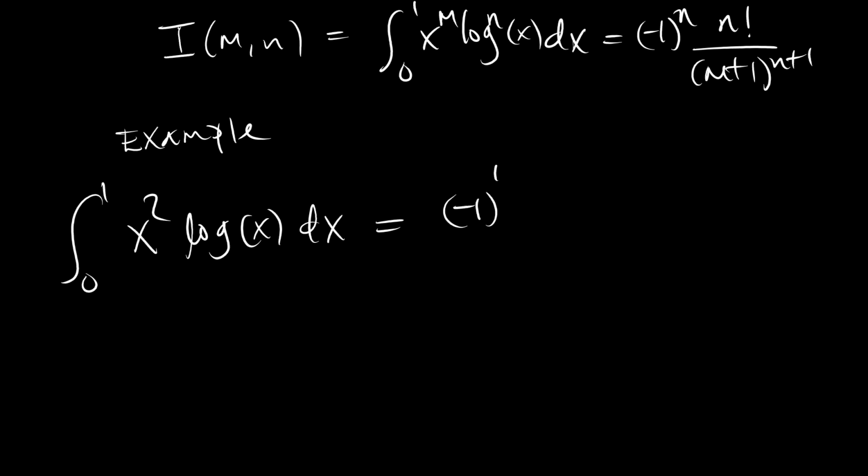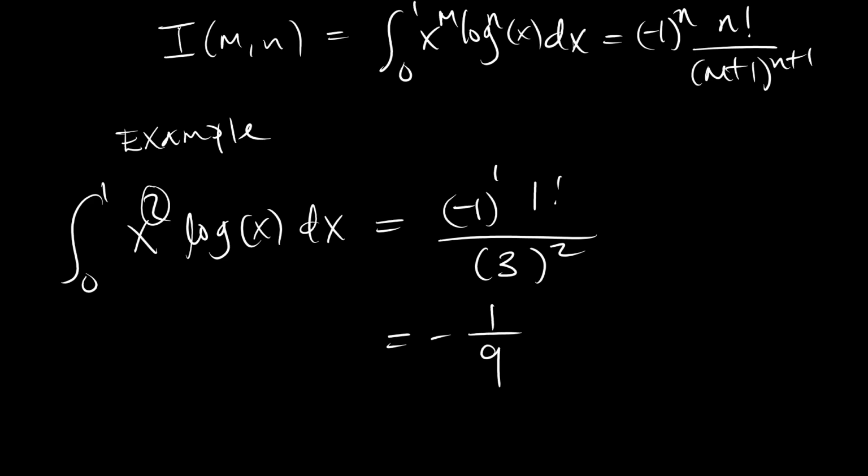And then n factorial is 1 factorial over m is 2. So we have m plus 1 being equal to 3. And n being 1, n plus 1 is equal to 2. So we have negative 1 over 9. Okay, so this is an important formula to have in mind.